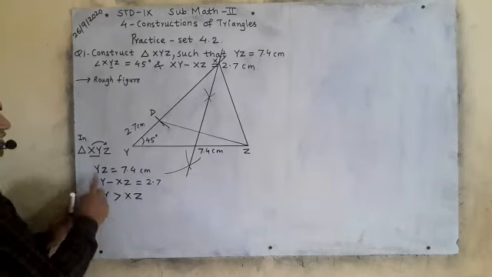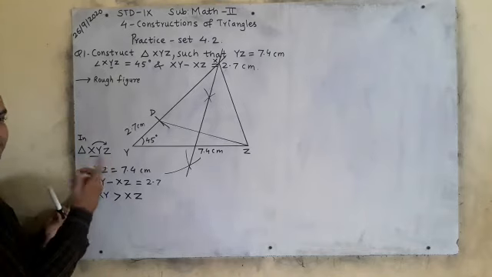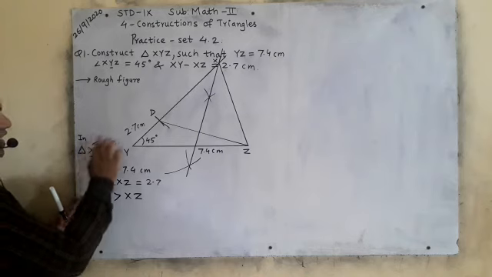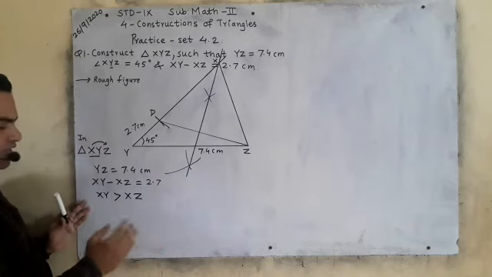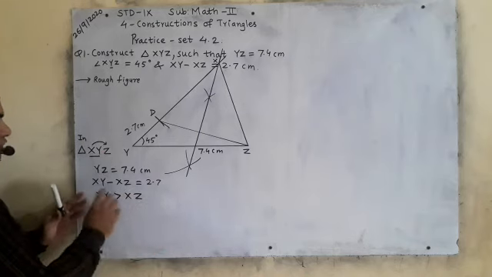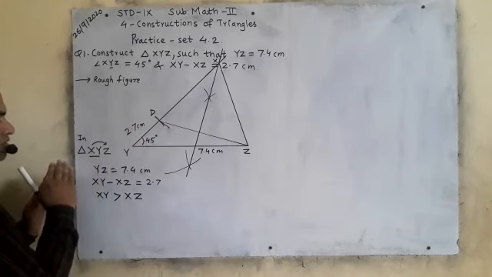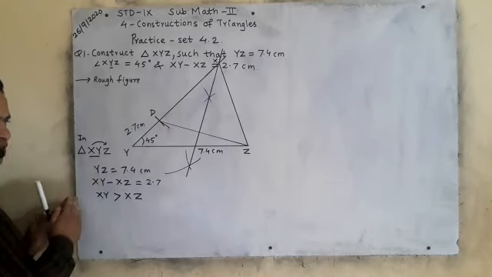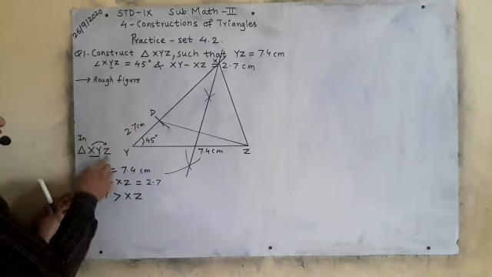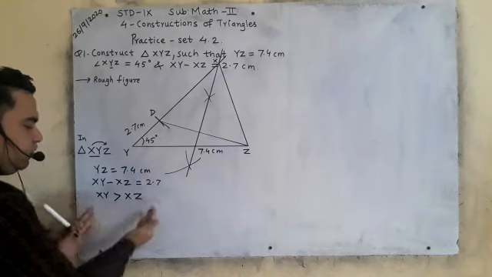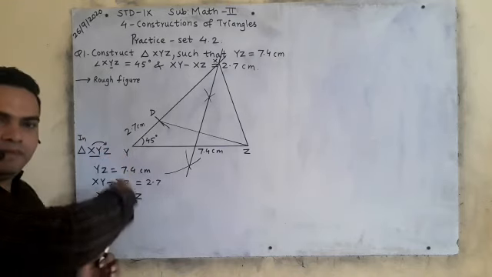So XY comes first, and XZ comes later on, right? So you have to take that point above. When the bigger side comes first, you will construct the arc above. If the bigger side comes later, you will construct the arc below.